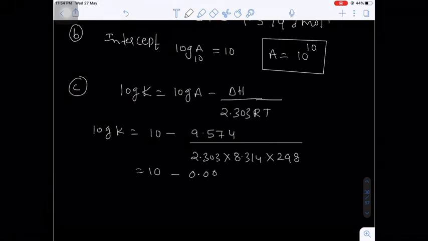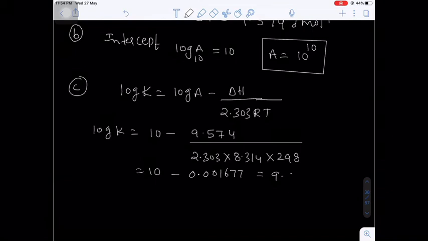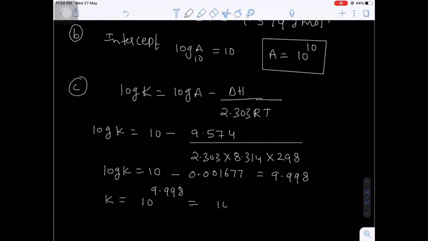So this will be 10 minus 0.001677, that is equal to 9.998. This will be log K. Now we have to calculate the K, which will be the antilog, that is 10 to the power 9.998.